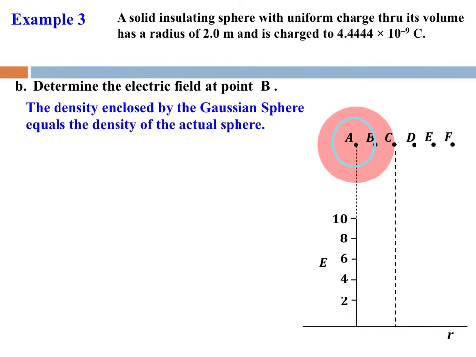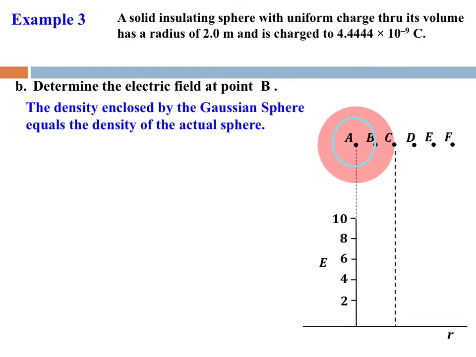Again, this blue line is representing my Gaussian surface, so you're going to use it to solve for the electric field at point B. Now, again, the difference between an insulator and a conductor is that now we're actually going to have charge distributed through the inside of this sphere. Remember that the density enclosed by the Gaussian surface equals the density of the actual sphere.